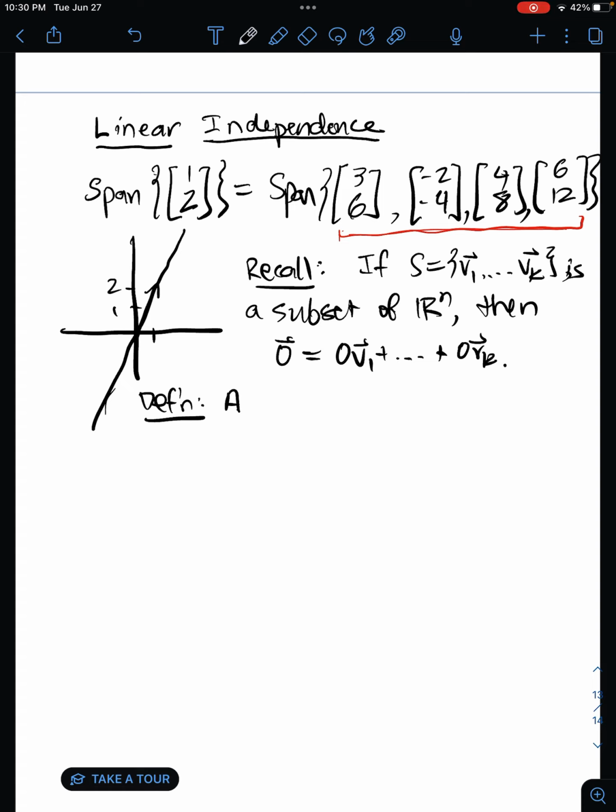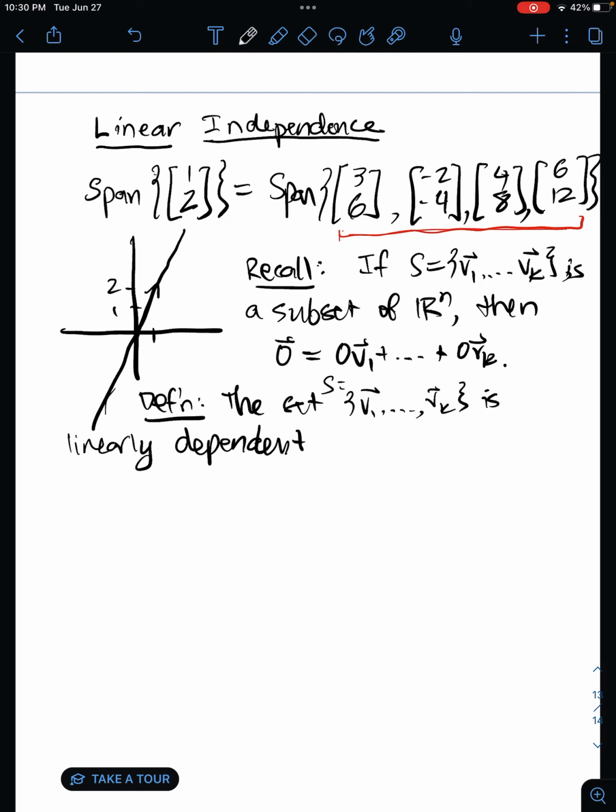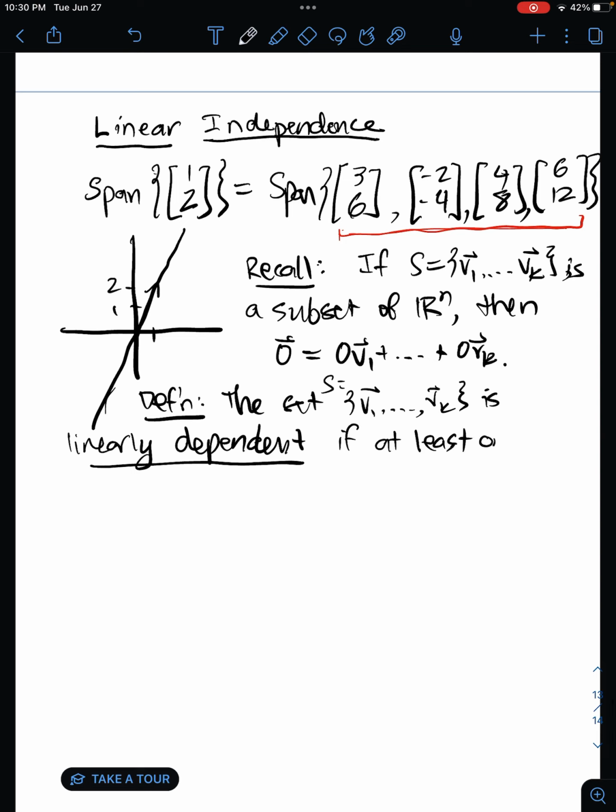So the set S, which is v1 through vk, is called linearly dependent if at least one of the vectors in the set is a linear combination of the others.